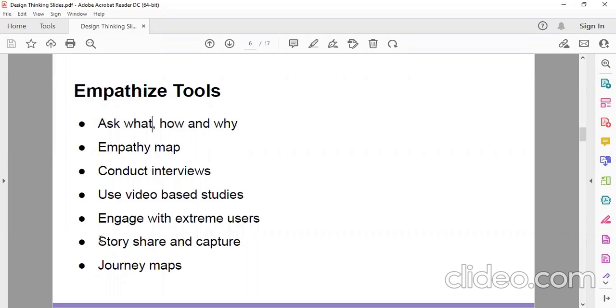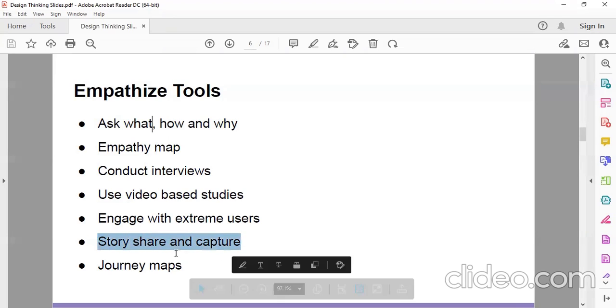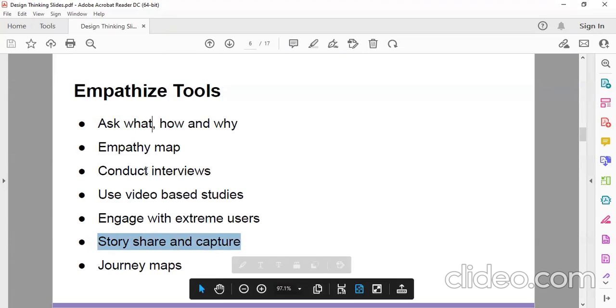In a way, it might be helpful to you to understand them deeply because they'll be telling everything about themselves in the story. That's the story sharing thing. This can come in the interviews as well, or it can be taken as a separate tool also. It is a really good way to empathize with the user.